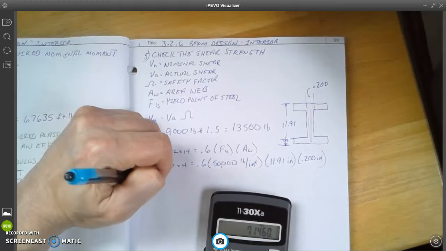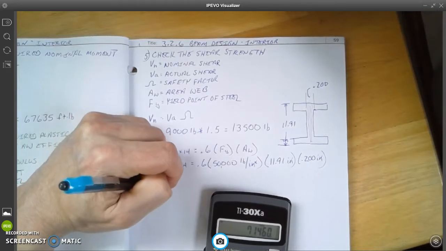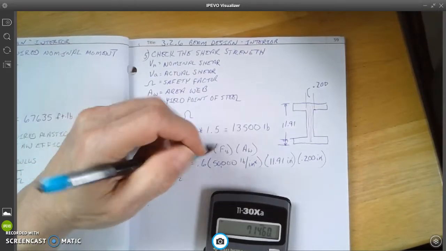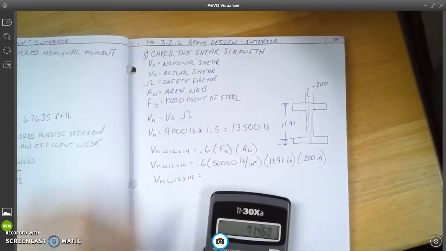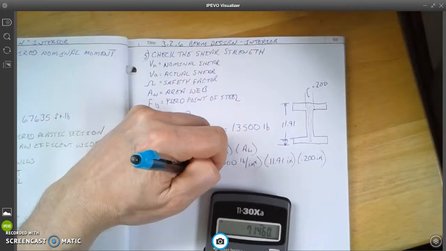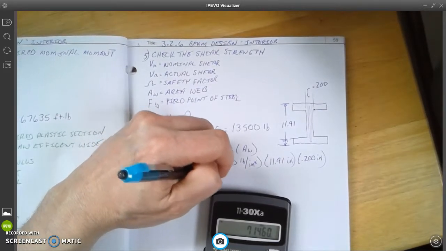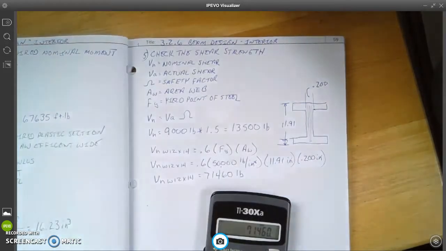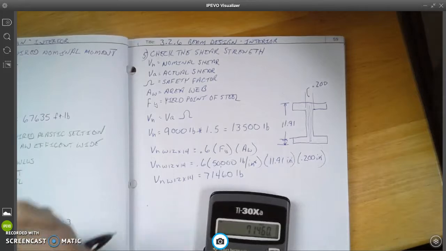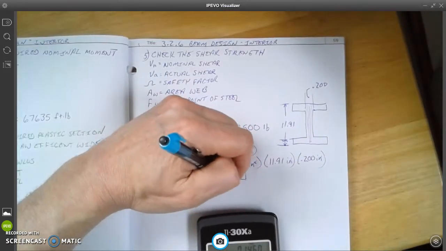So my Vn for W12 by 14 is going to be equal to 71,460 pounds. So I'm going to just draw a box around that.